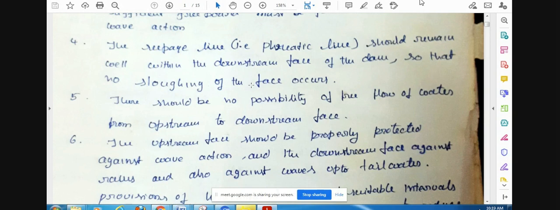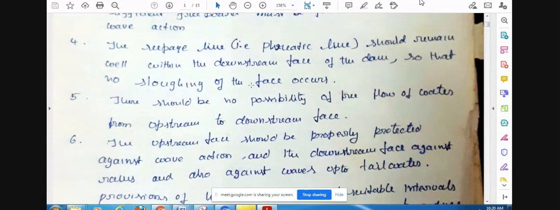Similarly, if piping occurs through the foundation of the dam, the entire dam will collapse. So always ensure that seepage is a minimum, and that it is uniform seepage and not concentrated seepage.